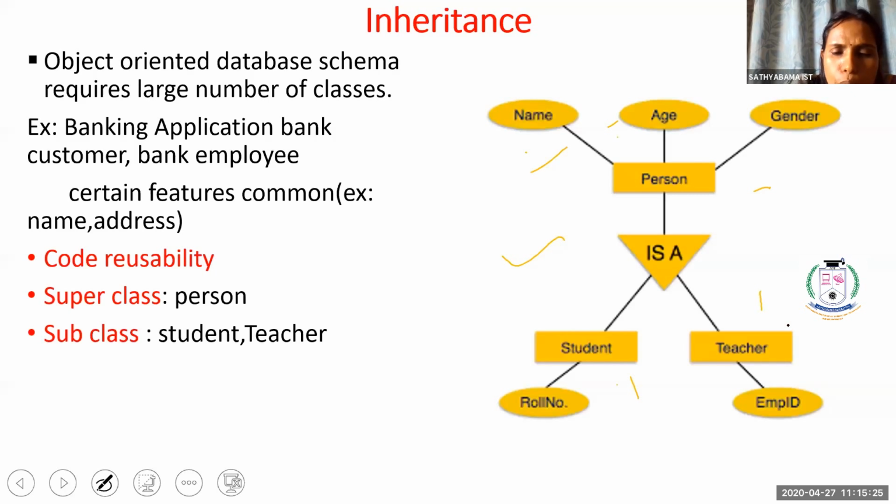Okay, so no need to redefine your name and age here, and no need to redefine name and age of the teacher here. So to reduce the code, the reusability of a property, the existing property present in your parent class, that is the use of reusability that you already very well know in your object-oriented programming concept.